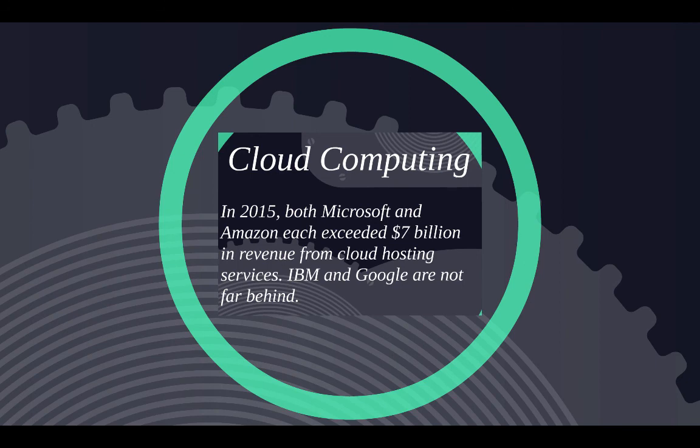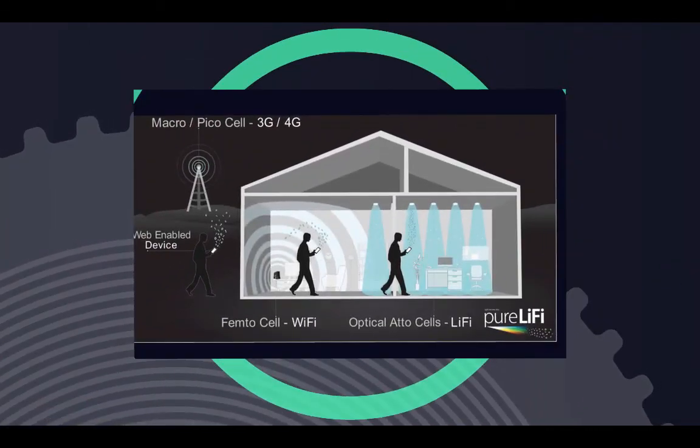Both Microsoft and Amazon have exceeded $7 billion from just cloud hosting services. And they are basically targeting only commercial corporations. But again, it's not far behind that even you and me will have to shell out a lot of money for all these cloud computing services.